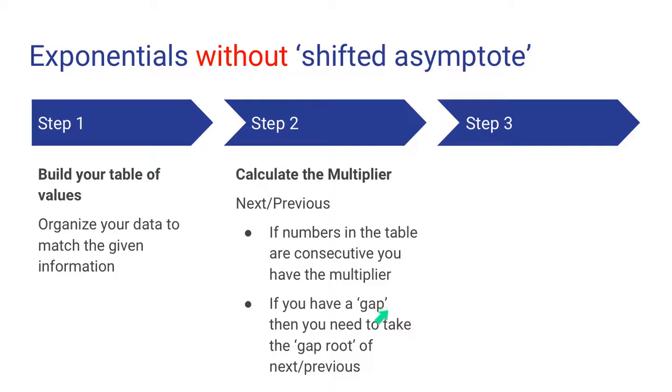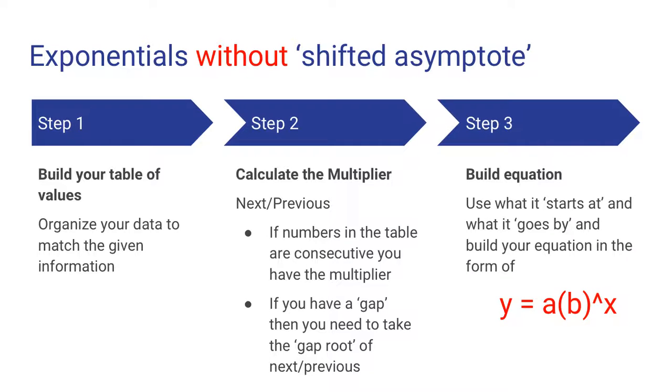But if there's a gap or a jump in between the numbers in your table, then you have to do the gap root of next divided by previous. And of course, we know our equations are going to look like these, with y equals a times b to the x. Starts at is the a value, goes by is the multiplier or the b value, and we're off and running.